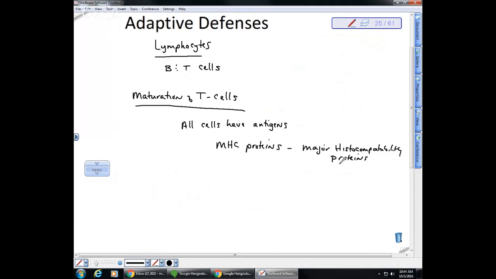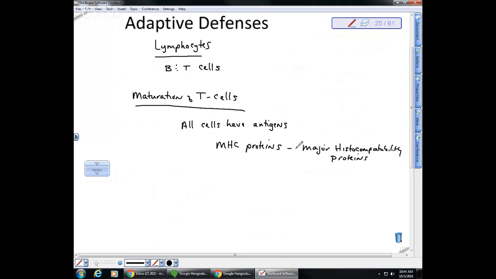So histo means tissue, compatible. Think about the proteins that they might check when they're trying to decide whether to do a bone marrow transplant, or when they're trying to decide whether to do an organ transplant. Are these two people going to be compatible? That's the major histocompatibility proteins.